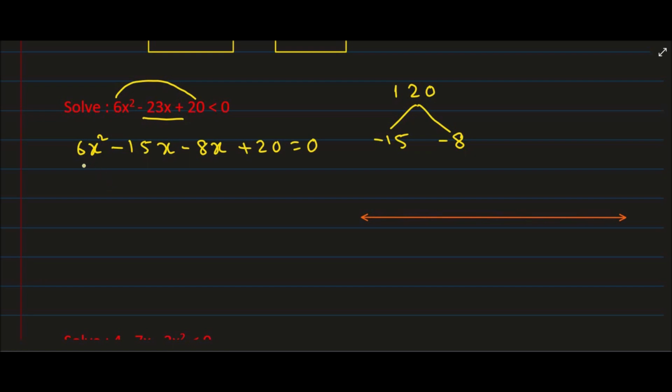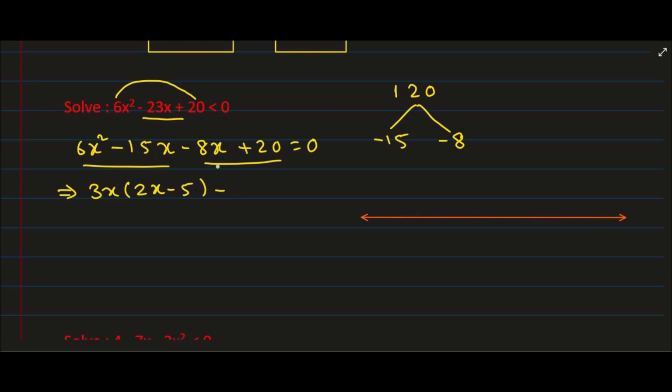Now the first two terms and the last two terms we have to factorize first. In the first two terms, what is the common factor? 3x. So we get 3x times 2x minus 5.